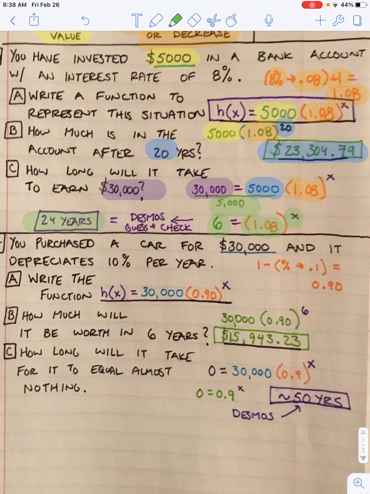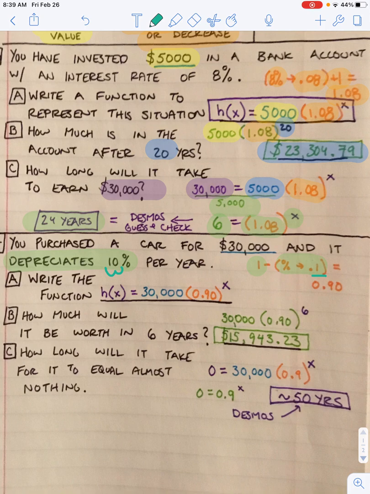So to decrease 10% a year, we're going to do 1 minus our percent changed to a decimal. So our percent was 10%. 10%, when you move that decimal over 2, it becomes 0.1. Or if you think about money, 10 cents is 0.1.